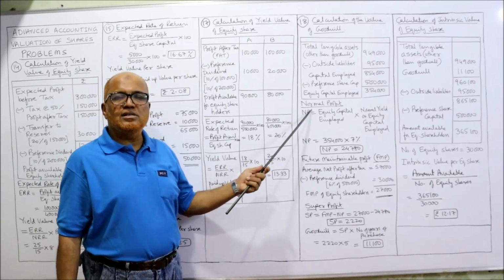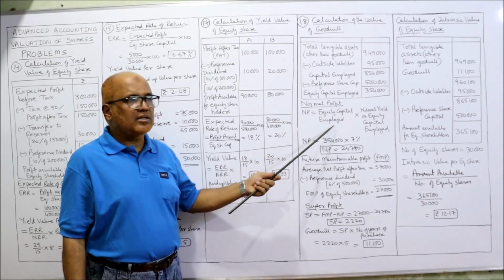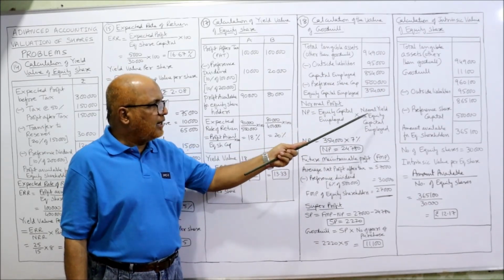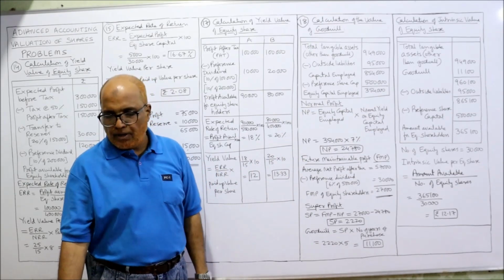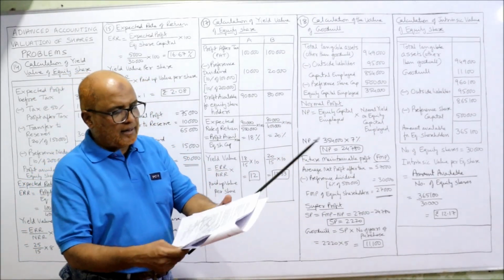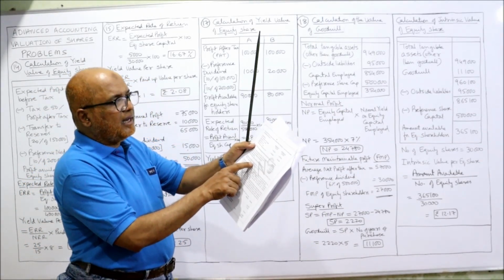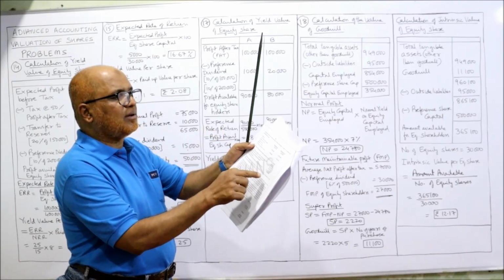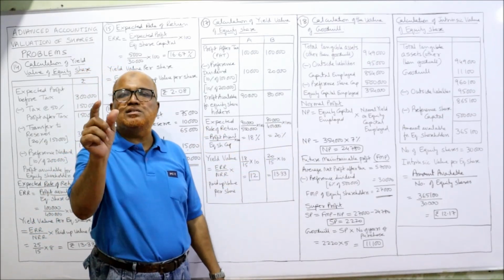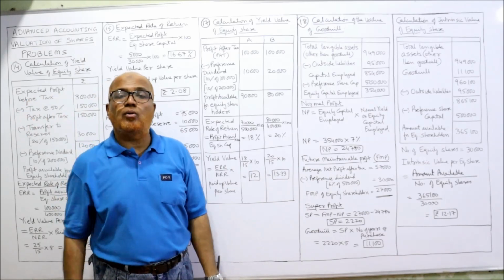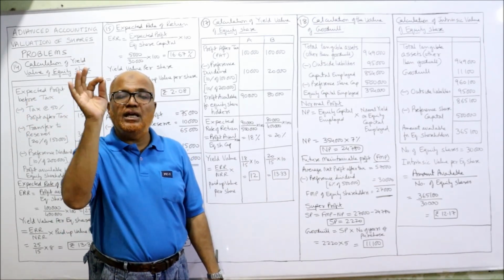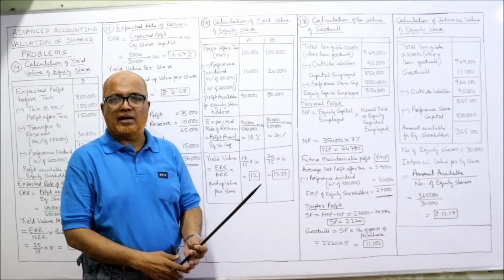Now normal profit is equal to equity capital employed into normal yield on equity capital employed. In the problem 7% is there. Expected normal yield for equity shares 7% of capital employed. So this 7% is not on the total capital employed. This 7% is on the equity capital employed, right?